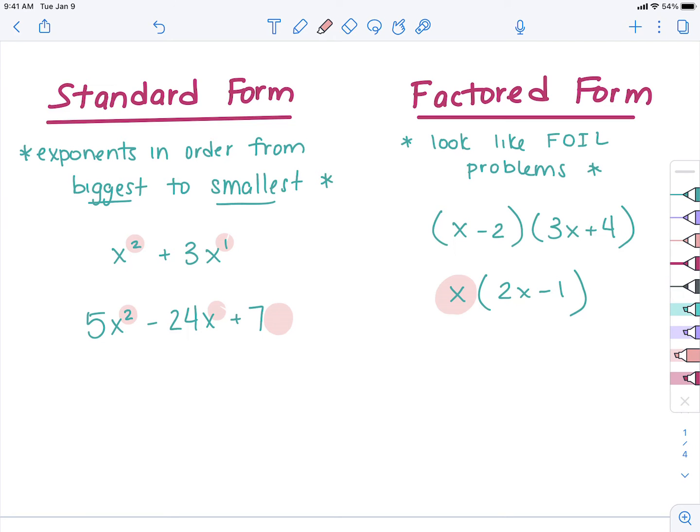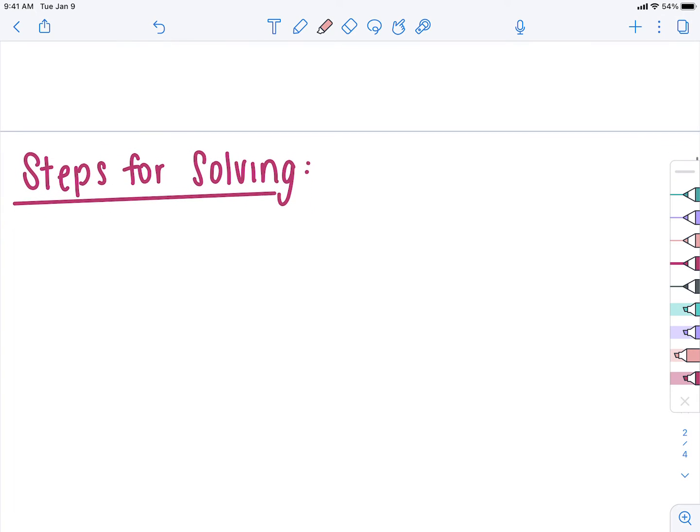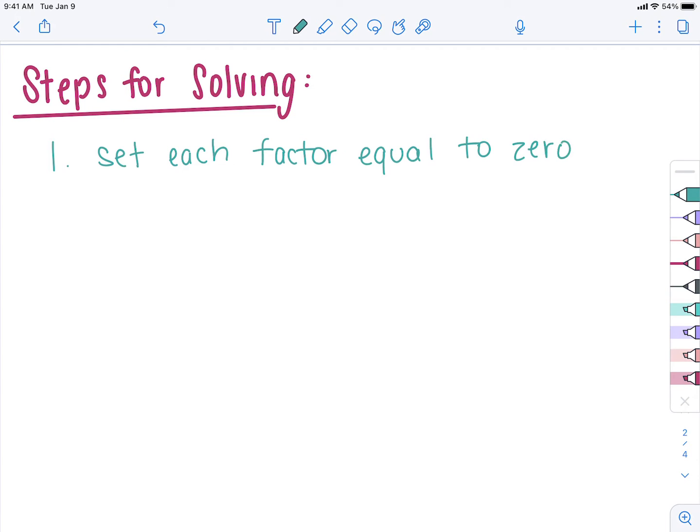So once we have things that are in factored form, when we're solving them, the first thing we're going to want to do is take each set of parentheses or each factor and set them equal to 0. So step 1, set each factor equal to 0.